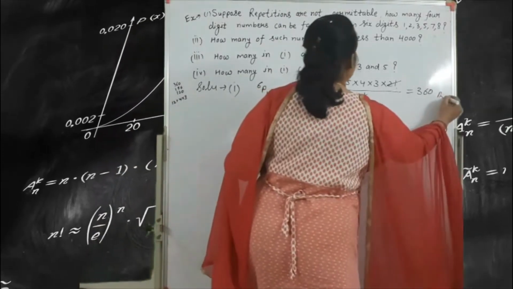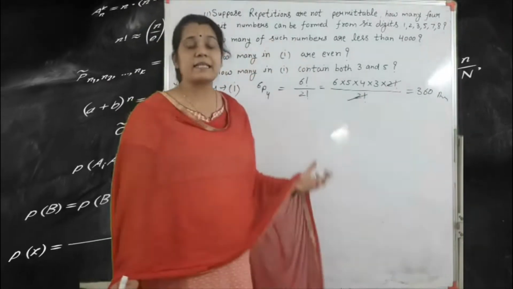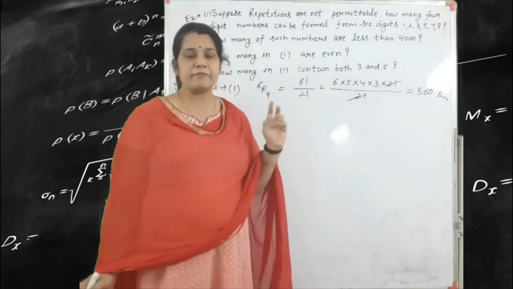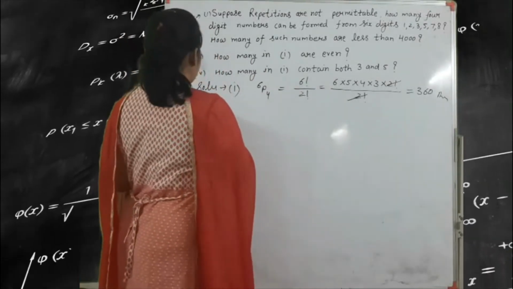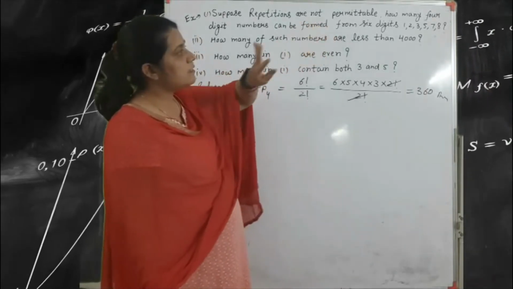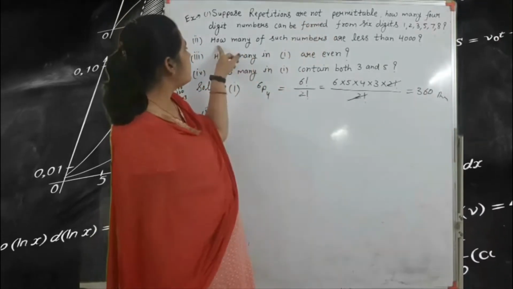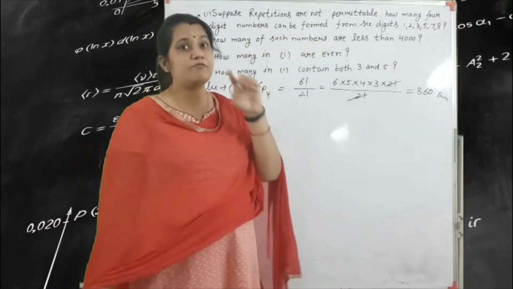Next question is how many of such numbers are less than 4000. We have a 4-digit number, so we have 6 digits and consider 4 digits, and the condition is that the number is less than 4000.